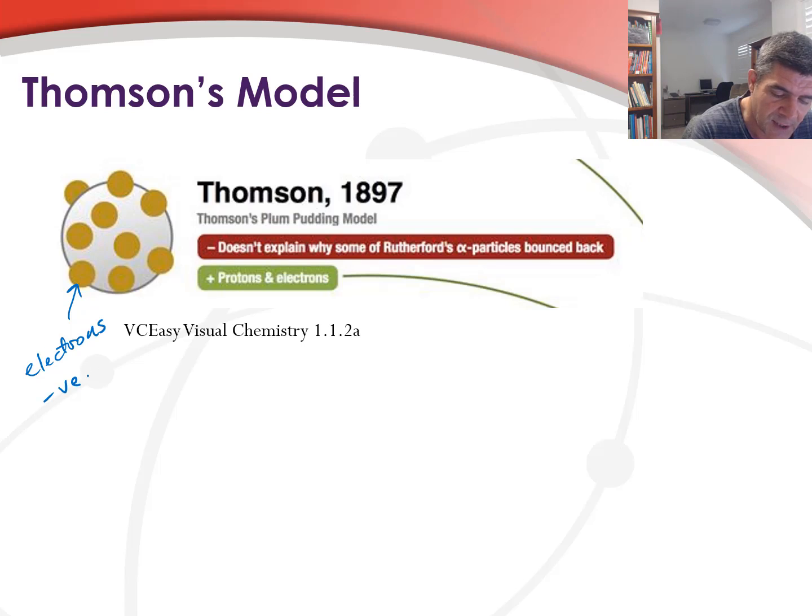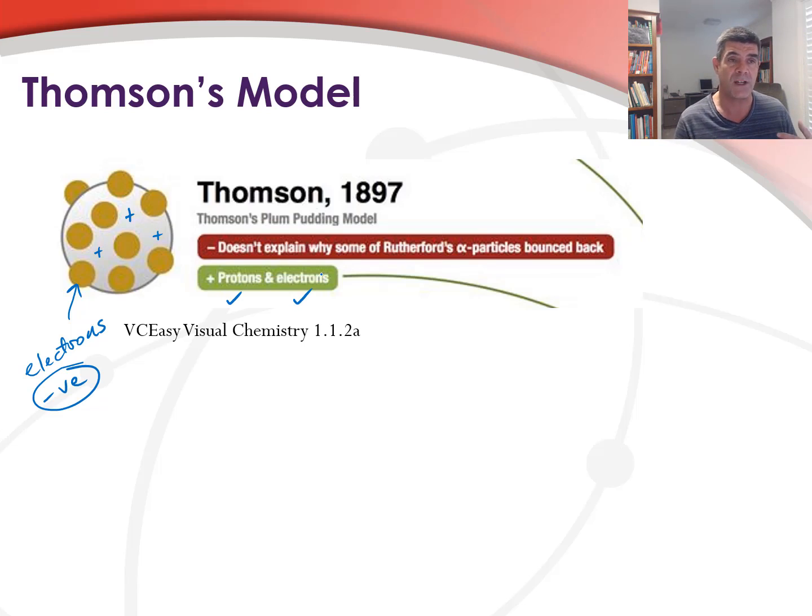And they're the negatively charged particles, and they are responsible for all of that behavior we saw around cathode tubes. And the lump itself is positively charged, and there's enough positive charge in there to balance the negative charges created by those electrons.